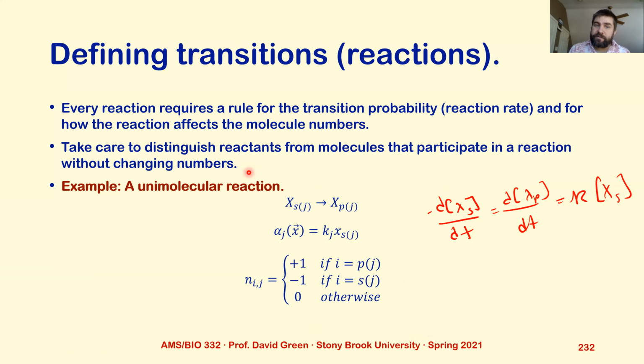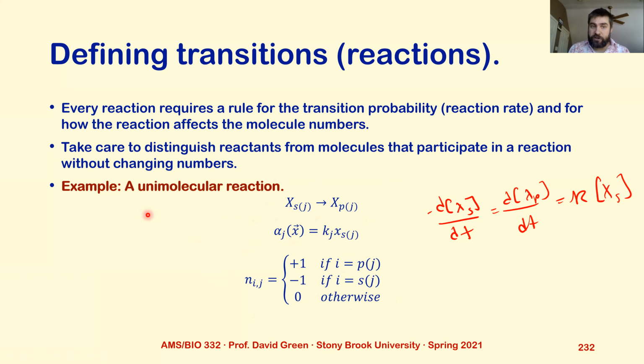We do have to think carefully about what the reaction is, what is really changing, and thus needs to be addressed in our change vector, and what participates in the reaction but does not change its form, in which case it might be involved in the rate law, or the probability rule, but not in the rate of change.